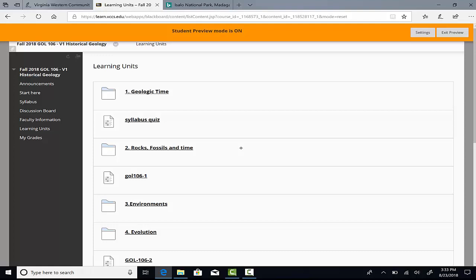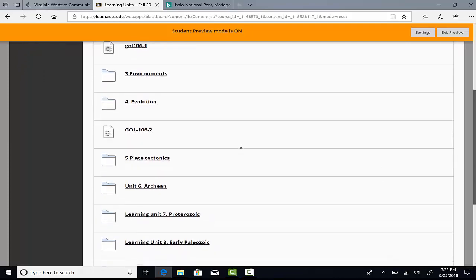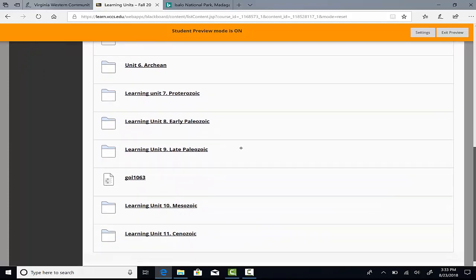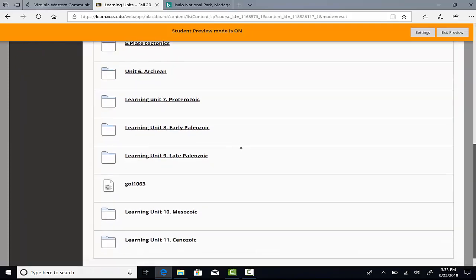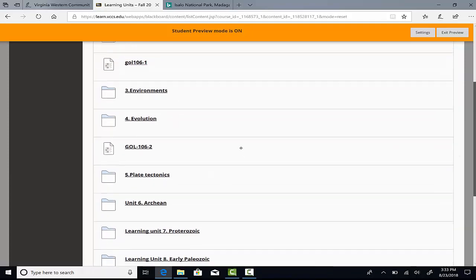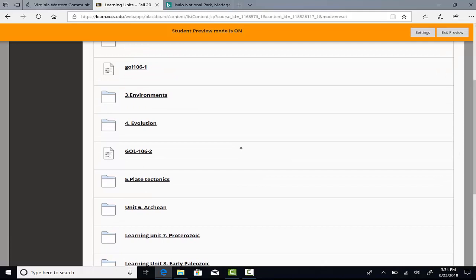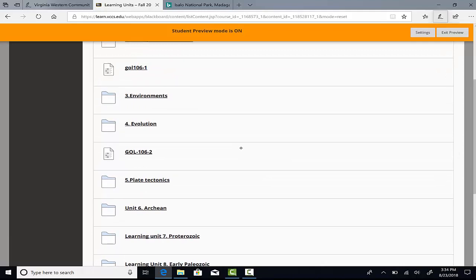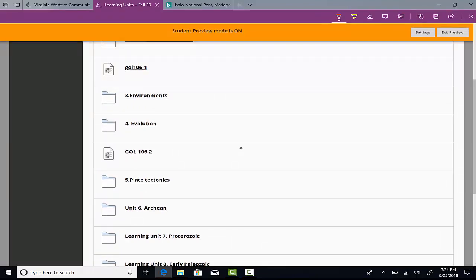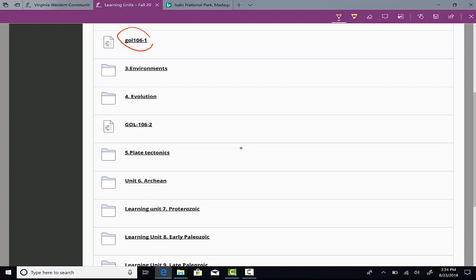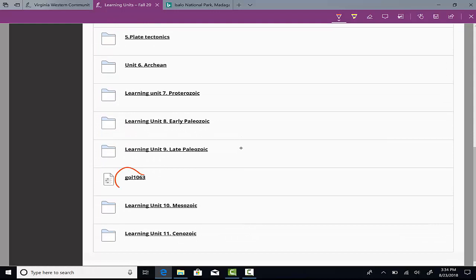This is the most important place, really. As you can see here, you already have each learning unit, so you can go at your own pace. And you have the tests here, like at least the chapter tests, like 1, 2, and 3. This is chapter test 1. I have to get the pen again. So here is chapter test 1, chapter test 2, and this is chapter test 3.